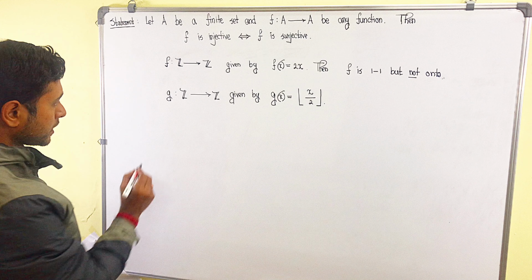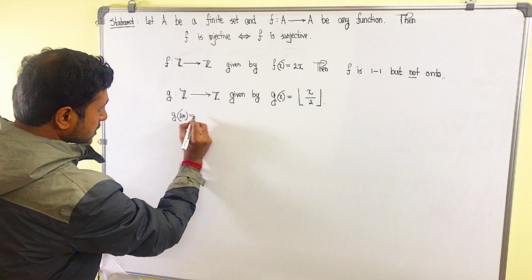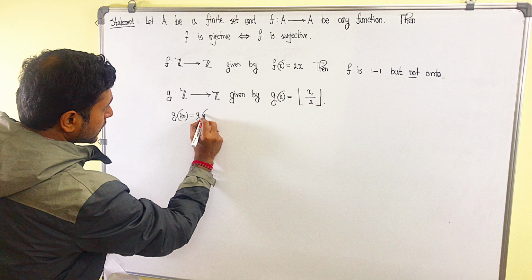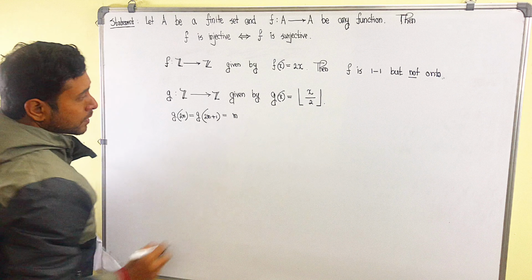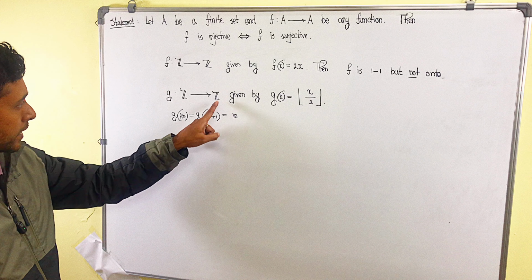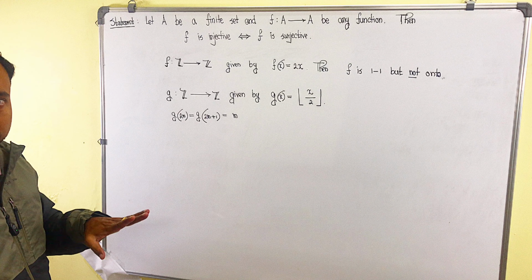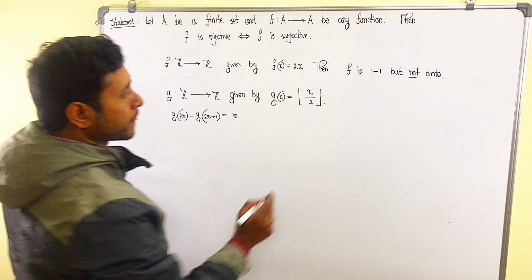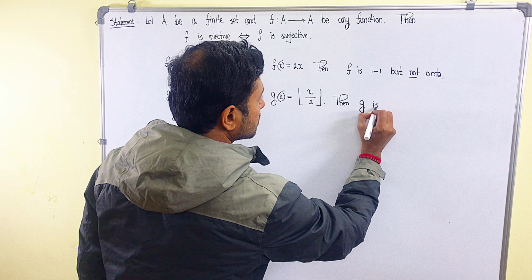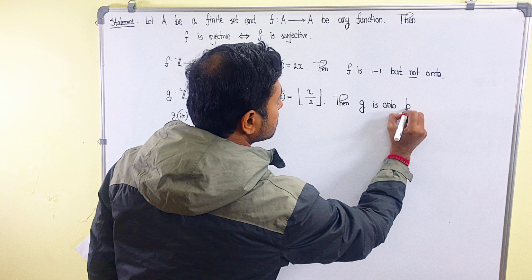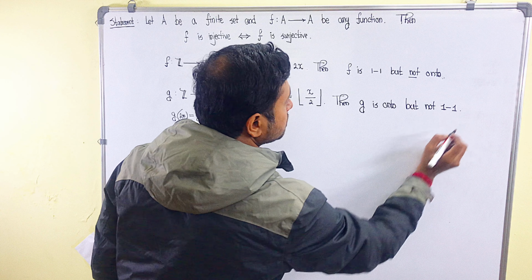Then you can see that for any integer m, g of 2m and the next odd integer, that is g of 2m plus 1, both are equal to m, which means every integer here has a preimage and it has exactly 2 preimages and therefore it is surjective but not injective. So then g is onto but not one-one.